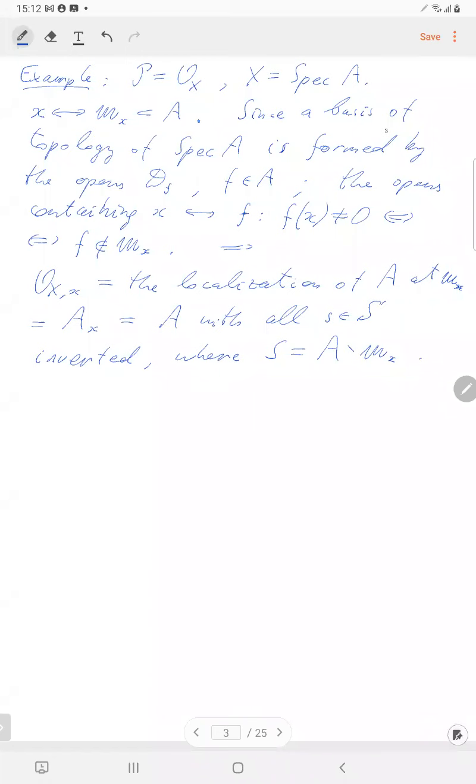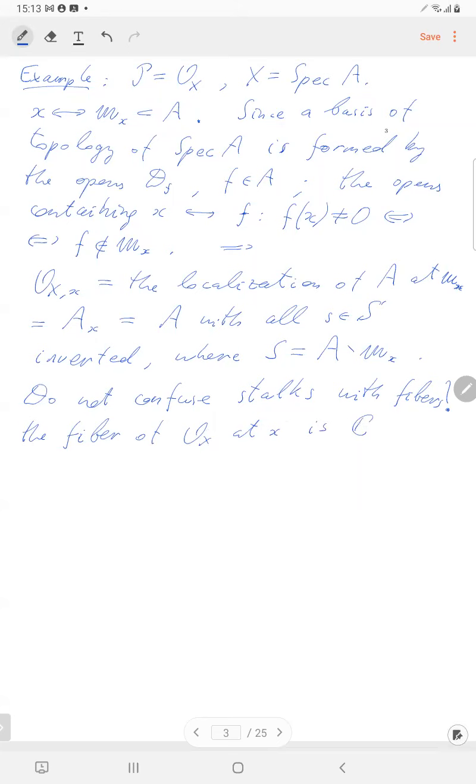And you see the stalk is big, and you should not confuse it with fibers. We didn't speak about fibers yet; we will next time. But the fiber of O_X at the point x is just the complex numbers.